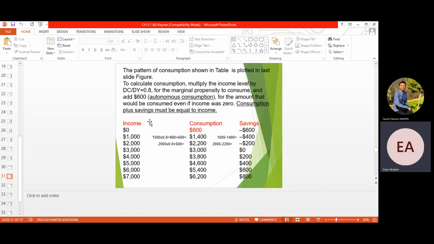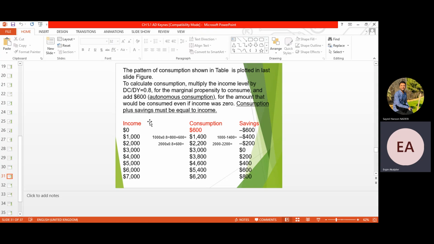Consumption is obtained, but the saving here is, as you see, negative 600 in the first, negative 400 in the second, and in the third you have 2,000 disposable income. Then you have the propensity 0.8 times 2,000 plus 600 autonomous consumption, which gives you 2,200. 2,000 minus 2,200 gives you minus 200, which again means we are not saving.